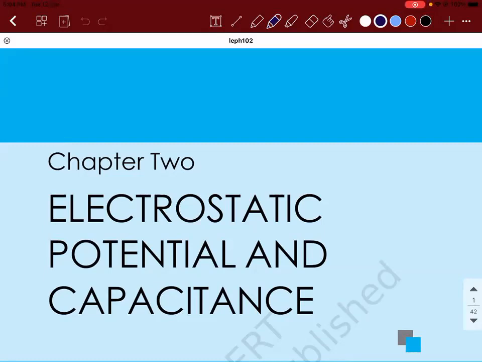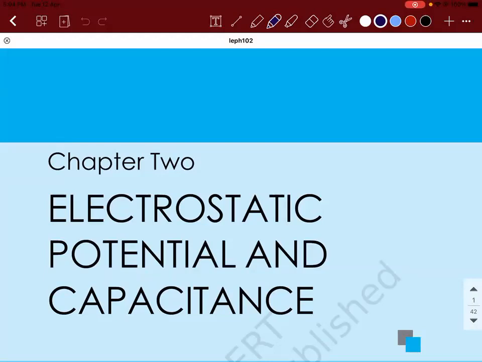If you see the name of this chapter, it says electrostatic potential and capacitance. Electrostatic potential is actually an extension of the previous chapter, because electrostatic again refers to the charges at rest. Then what is this potential all about?